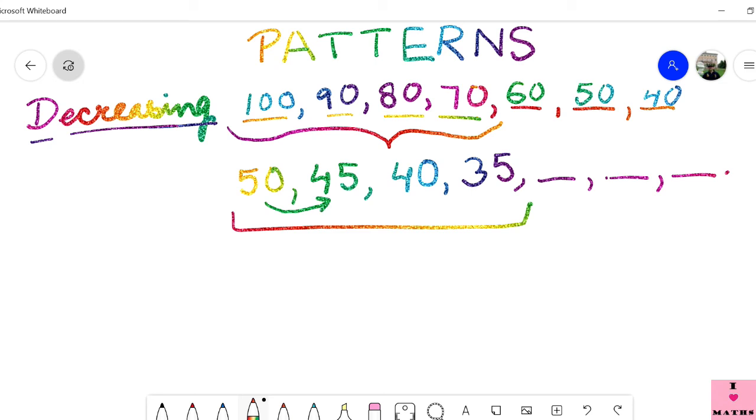The numbers are decreasing. 50 minus 5 gives us 45, 45 minus 5 gives us 40, 40 minus 5 gives us 35. So 35 minus 5 will give us 30. 30 minus 5 will give us 25. 25 minus 5 will give us 20. So these types of patterns are called decreasing patterns.